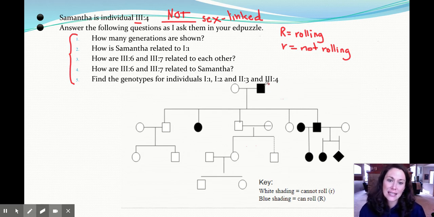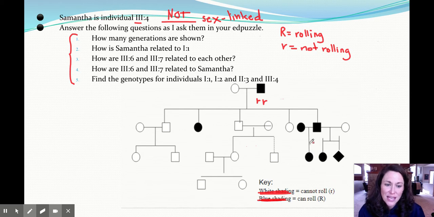If a person has the trait, this is a recessive trait, it means they must be homozygous recessive. That's the only way they can show the trait. So anybody in this pedigree, and we can see the key down here, it says blue shading. Really, ours is not. This is the wrong key for this because the color on this didn't work out.